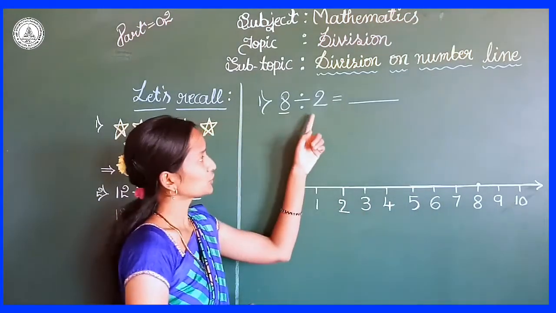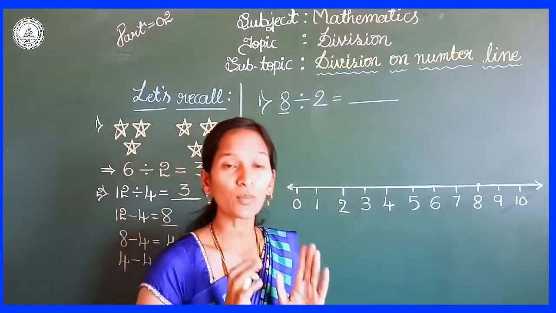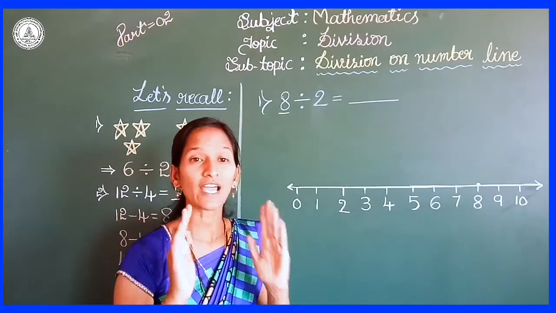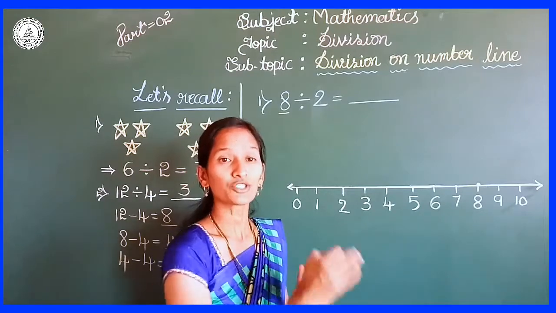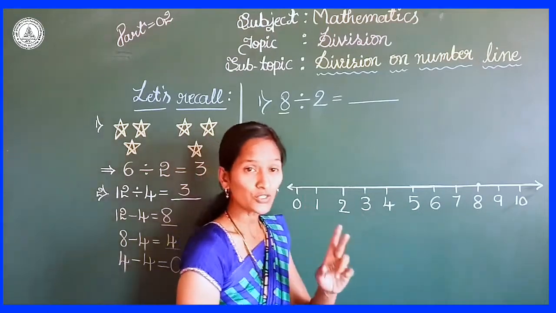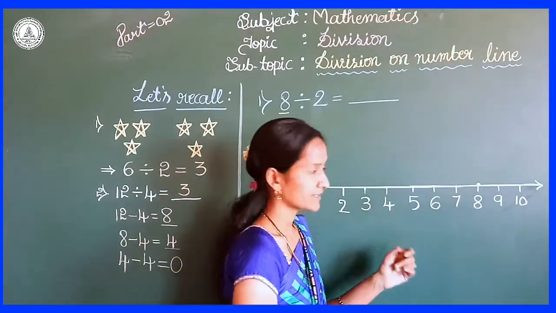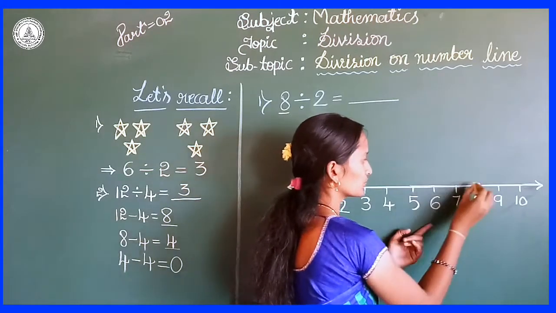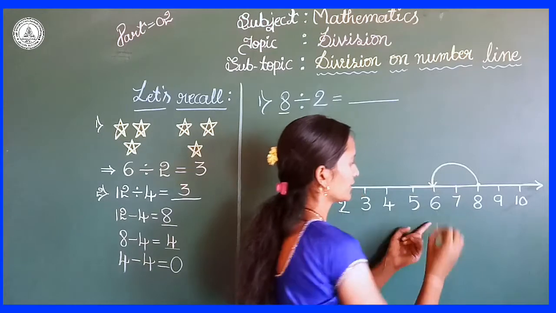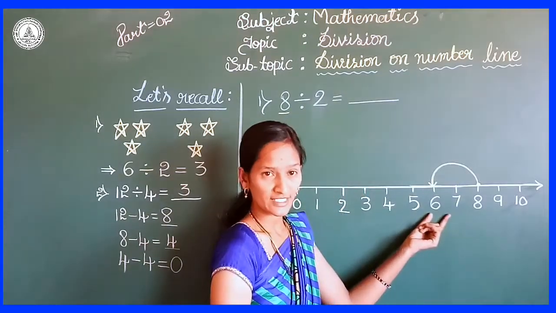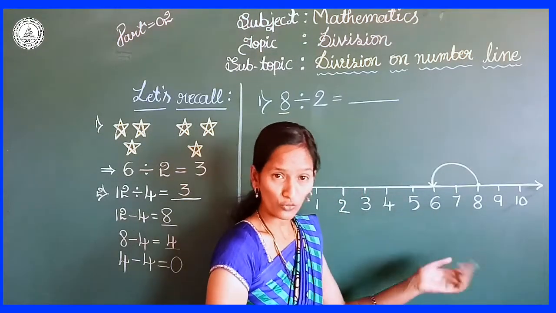Next, this 2 indicates the number of steps, or the size of the jump. Here I need to jump back 2 steps from 8. See here, 1, 2. So this is the first jump. Now we are at 6. Is this division over?